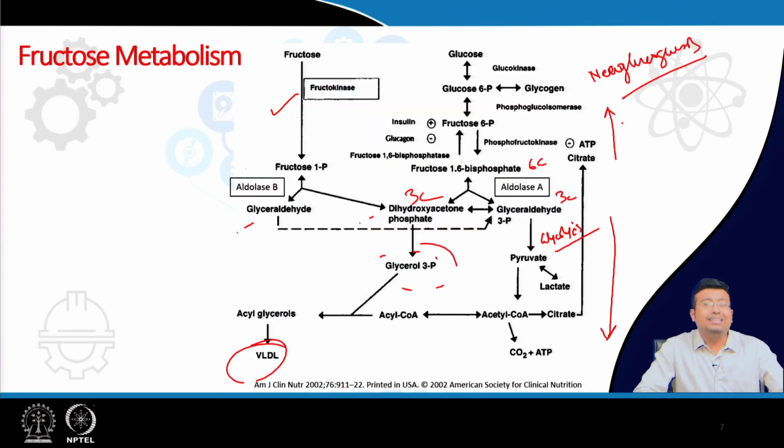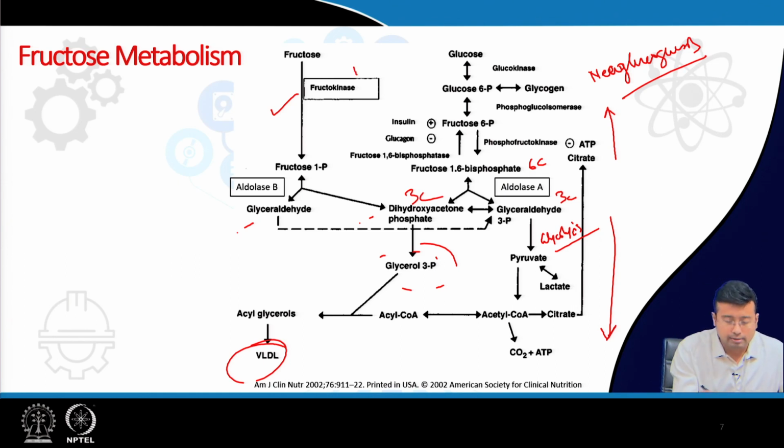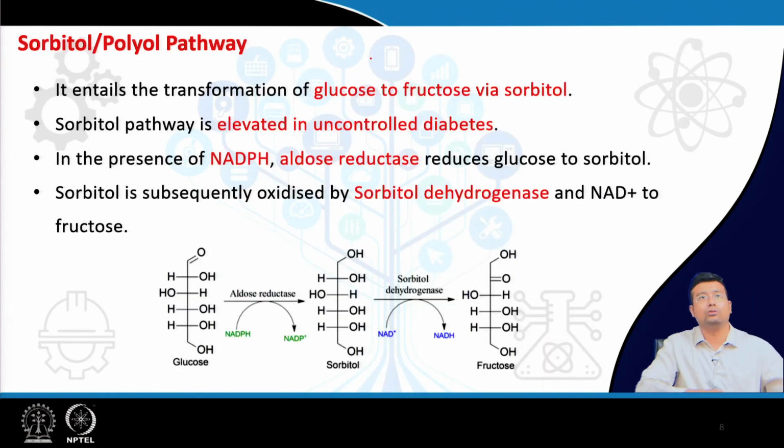This is the direct pathway of fructose metabolism. So, remember three important enzymes: fructokinase, aldolase B, and triose kinase. Anywhere glyceraldehyde is the source, it can be converted to its phosphate by triose kinase. So, the most important enzyme is aldolase B. This is also important. Why? We will see very soon.